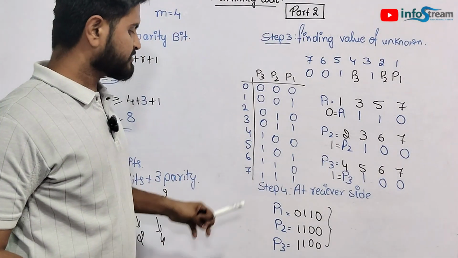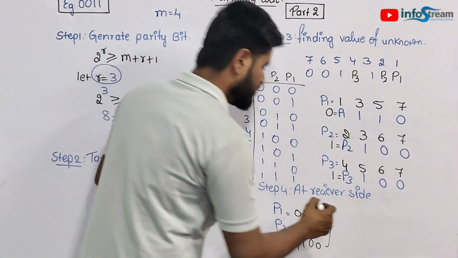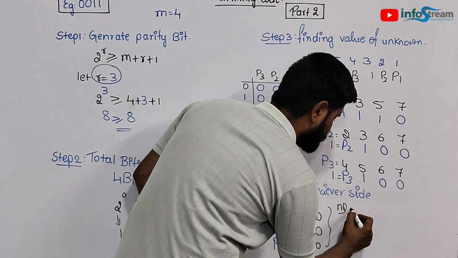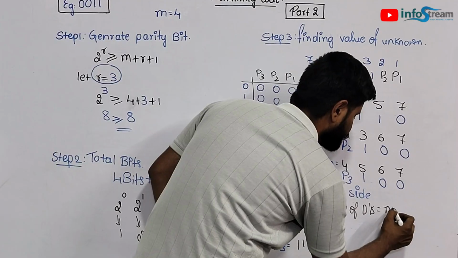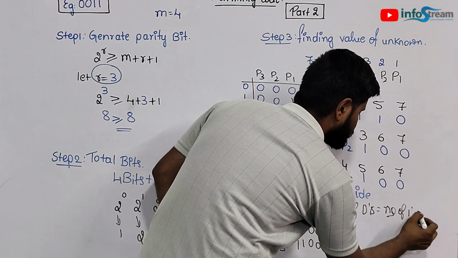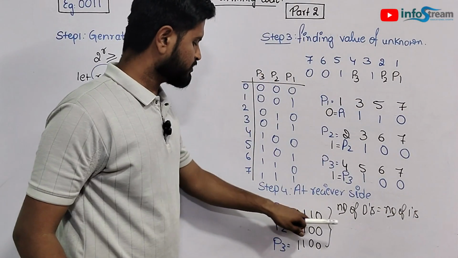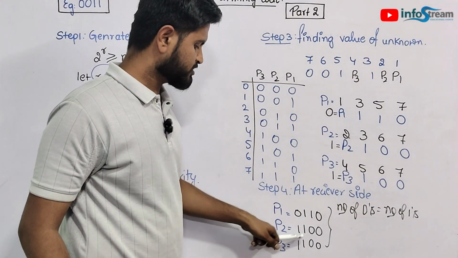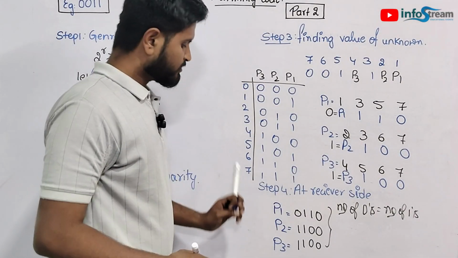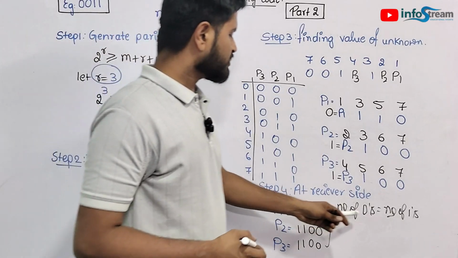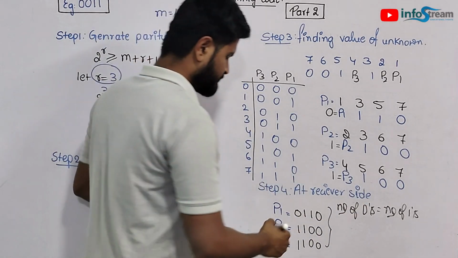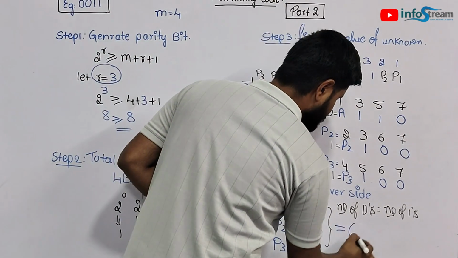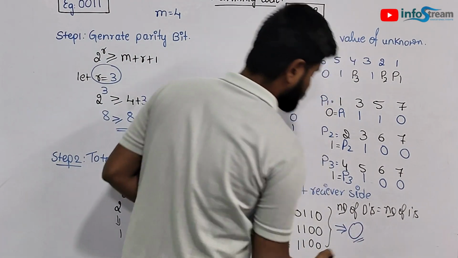At the receiver side there will be a check. The number of zeros must be equal to the number of ones. If you see here, two 0s and two 1s in each case. So in all cases the number of zeros is equal to the number of ones and they are even. So it will assign the value 0 at the end.